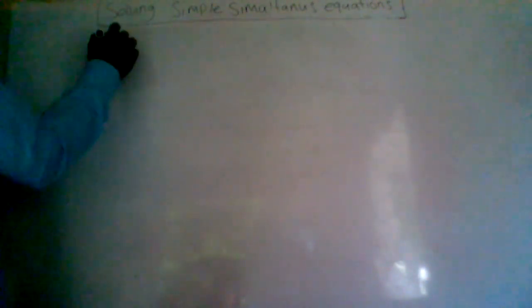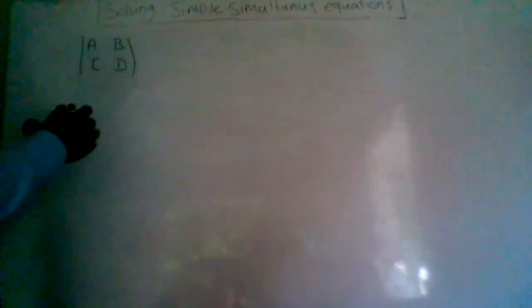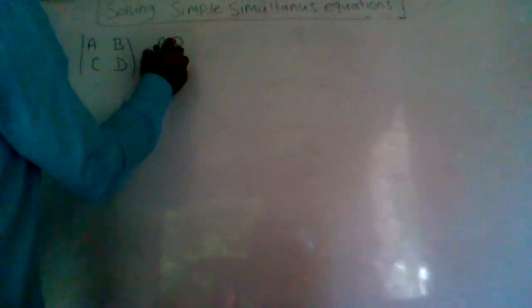So a 2 by 2 matrix would be having elements such as A, B, C and D. That would be a 2 by 2 matrix. To find the determinant of this matrix, it will be AD minus BC.